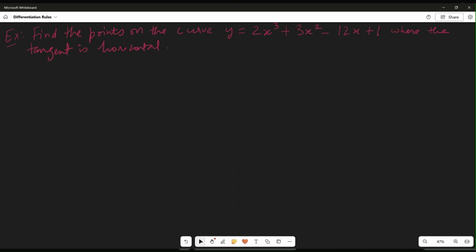Okay, find the points on the curve where the tangent is horizontal. Let's just get the derivative of this function y. By this time we already have the practice and we can see the patterns, right? Constant multiple rule, and this constant is simply going to be 2. Derivative of x cube is 3x square, plus derivative of x square is 2x, minus derivative of 12 times x.